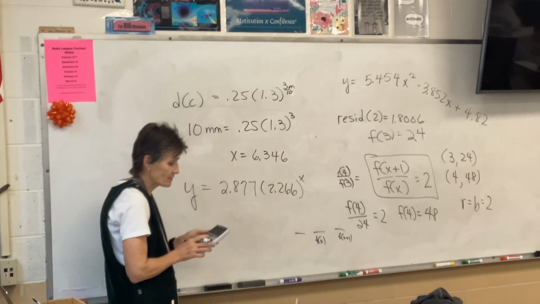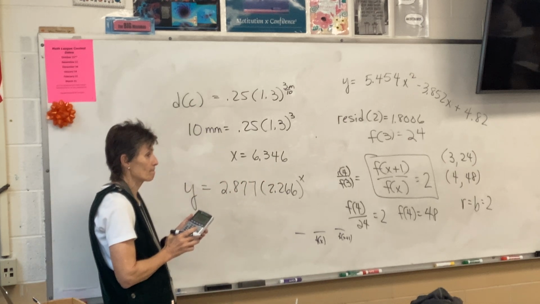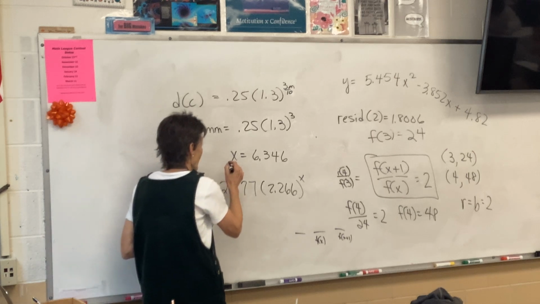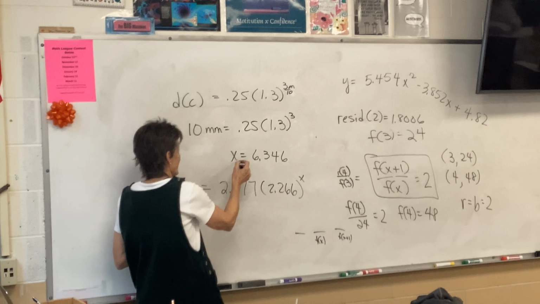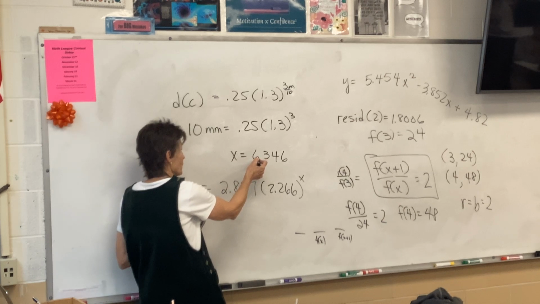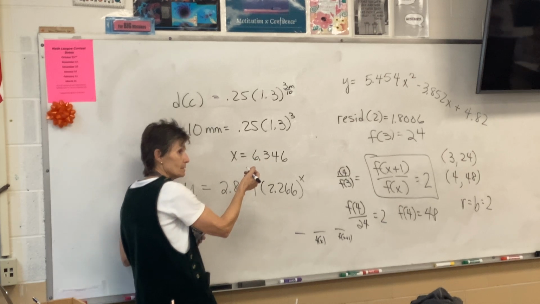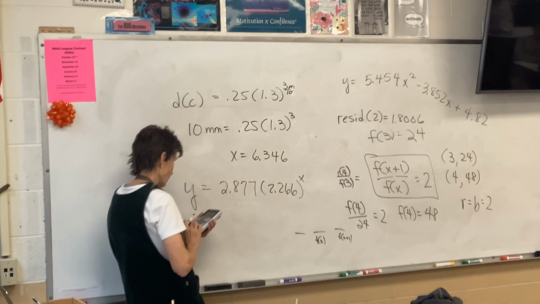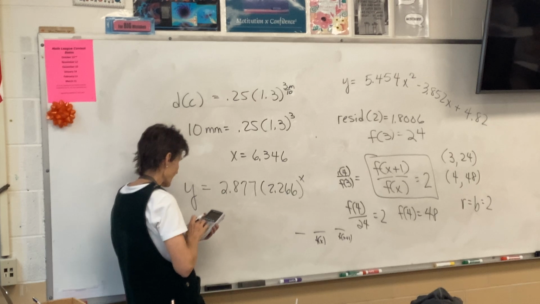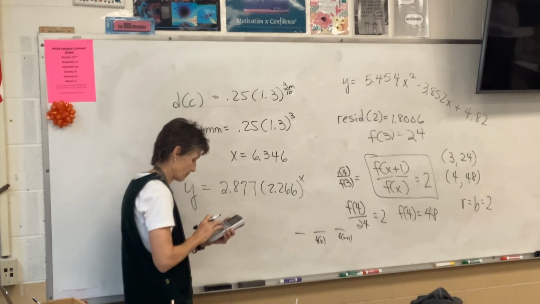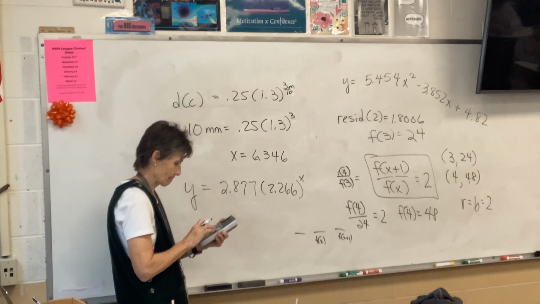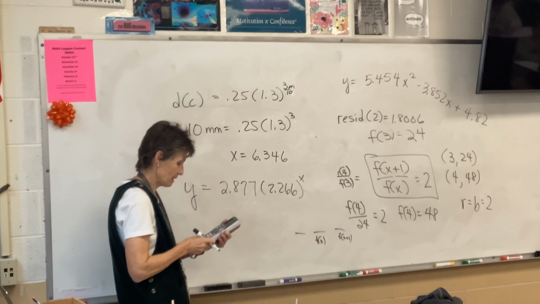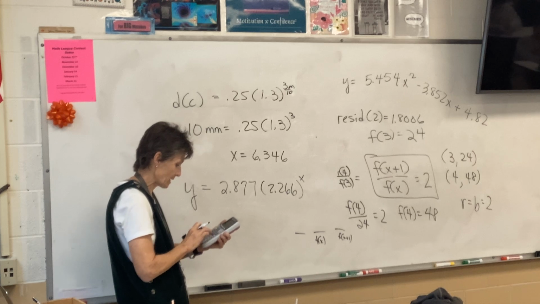Find I of 6 with this model. Now remember, with our quadratic model, we found that after about 6 years we would be at 200 million. What happens here with the exponential model? Oh shoot, I didn't store that in. I didn't store it, so I'm going to type it back in again.